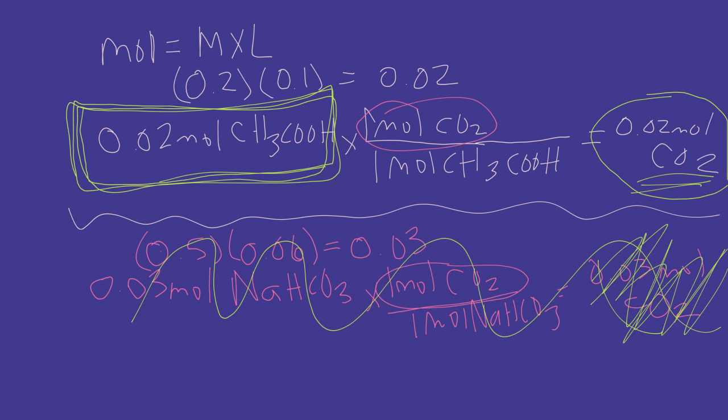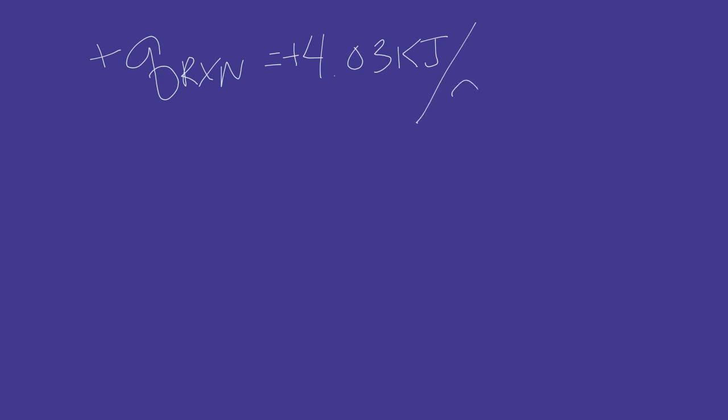So now we need to take this and turn it into our delta H for the reaction. So we'll remember 0.02. We remember that Q for our reaction was positive 4.03, because our reaction was endothermic, and that was our kilojoules value. We divided by 1,000. And we're going to divide this by our limiting reagent, 0.02, and this was moles of our limiting reagent.